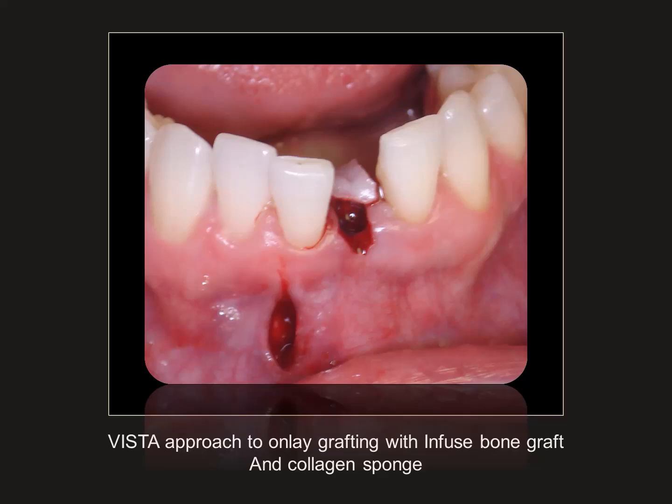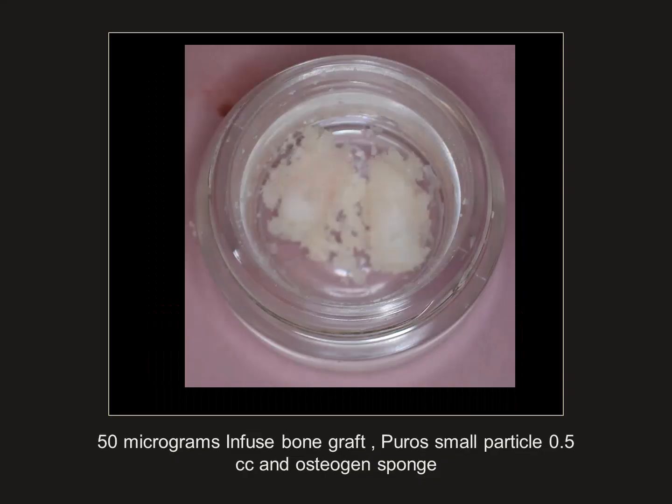A VISTA approach was used to augment the buccal surface of the alveolar bone over the implant. The labial surface was grafted with osteogenic bone, 0.5 cc's of Puros, 0.3 ml of sterile water, and 50 micrograms of infused bone graft.